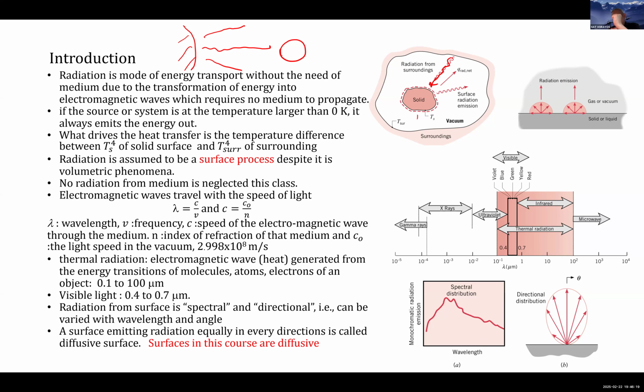And then the elements inside the object also possess a temperature, which, when it's larger than 0 Kelvin, means that particular element inside is going to emit energy too. In fact, every element inside the object will emit energy.